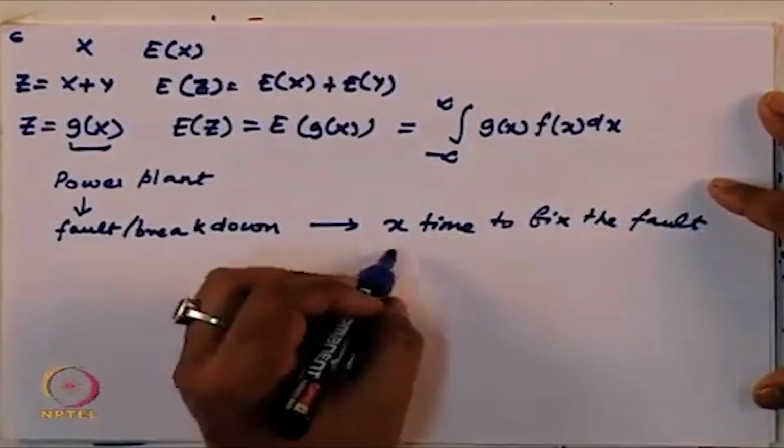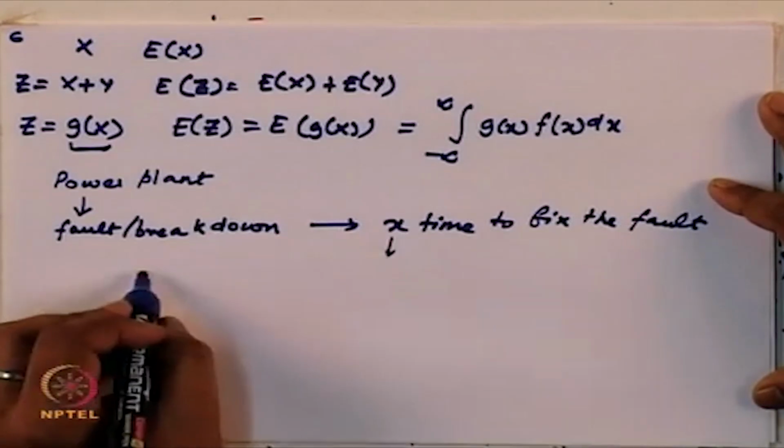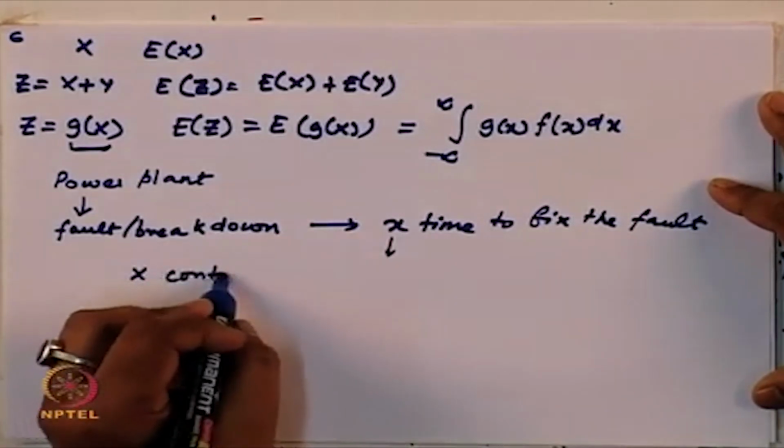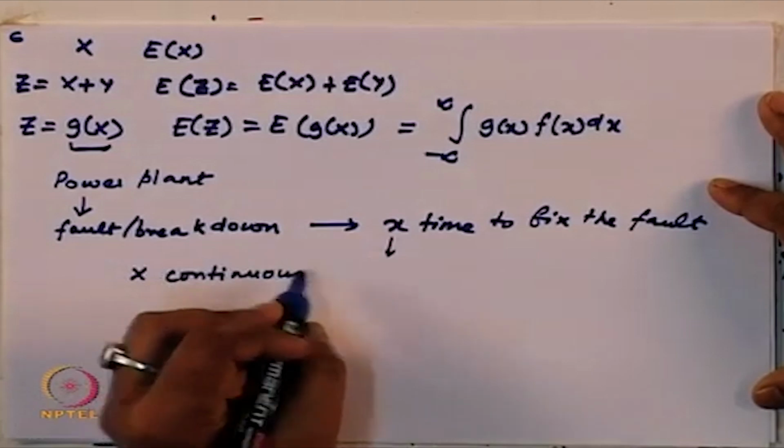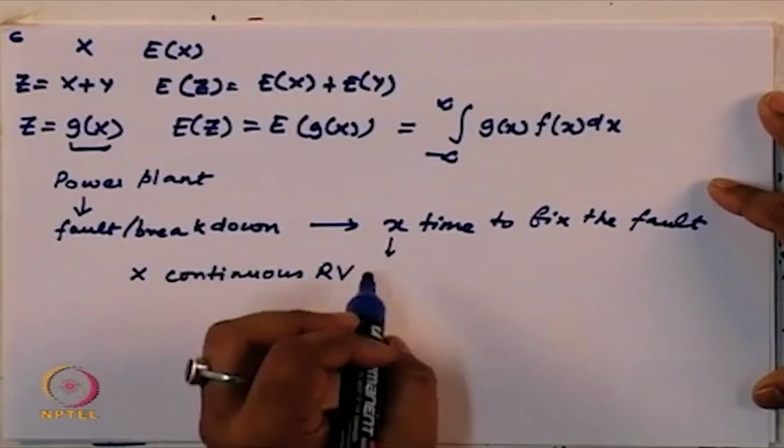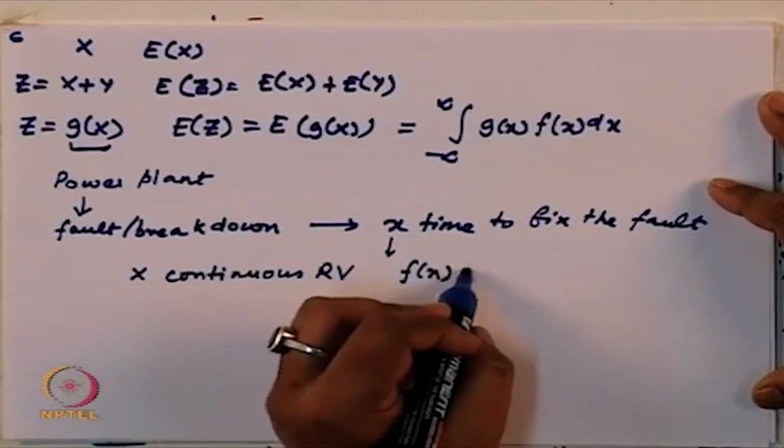And this X is a continuous random variable. It follows the following probability distribution.